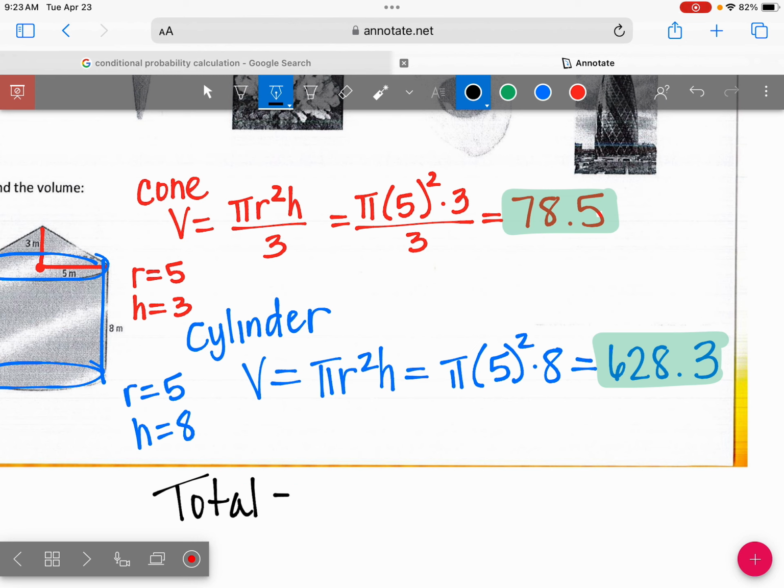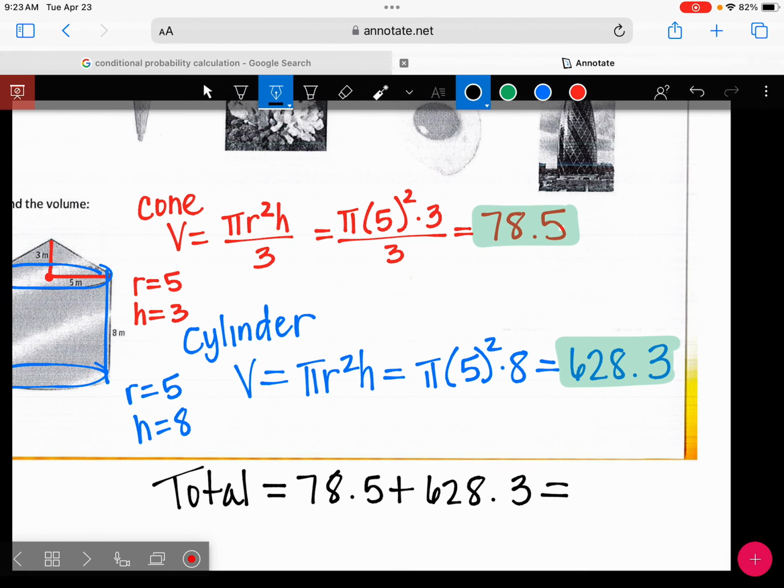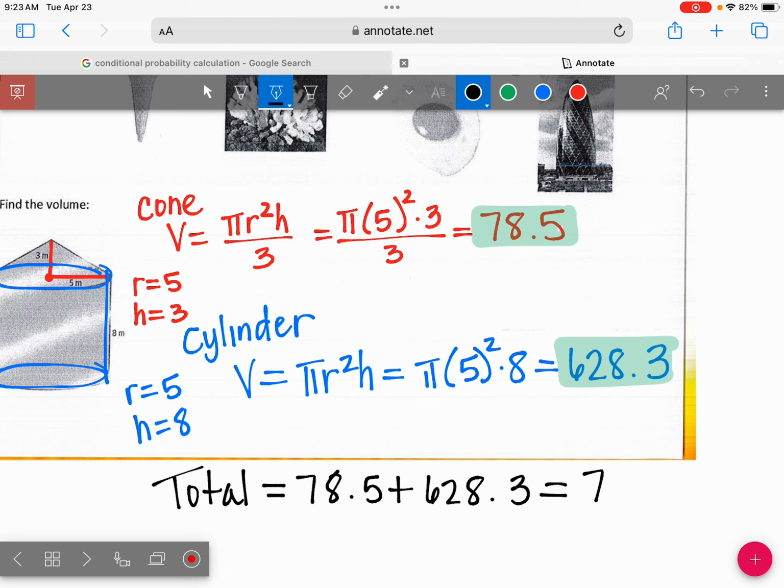Total volume is 78.5 plus 628.3, which gives you 706.8 meters cubed. And that is the answer I'll be looking for tomorrow.